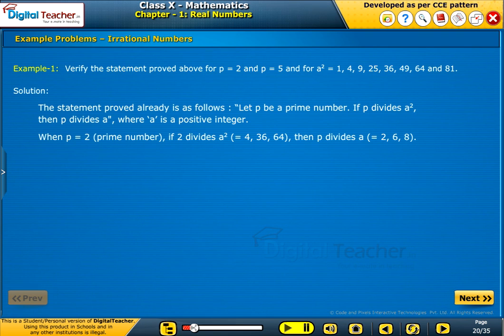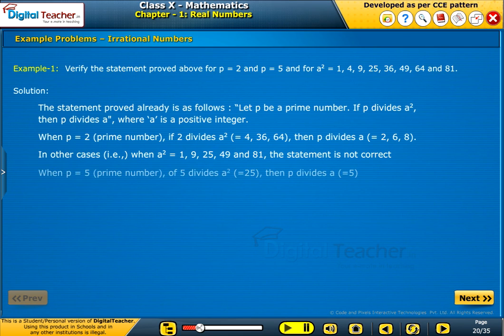For p is equal to 2, a prime number, if 2 divides a squared is equal to 4, 36, 64, then 2 divides a is equal to 2, 6, 8. In other cases, that is when a square equals 1, 9, 25, 49 and 81, the statement isn't applicable. For p is equal to 5, a prime number, if 5 divides a square is equal to 25, then 5 divides a is equal to 5.